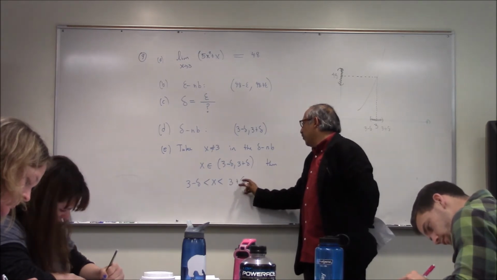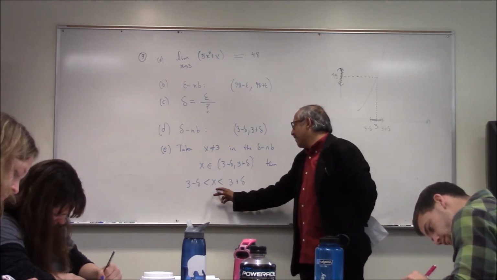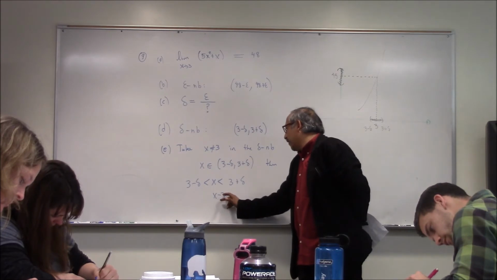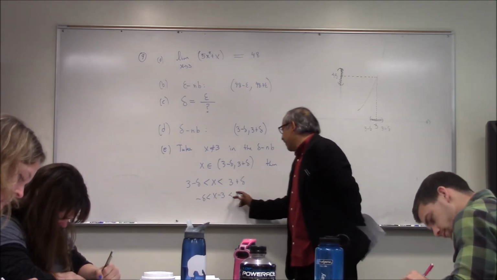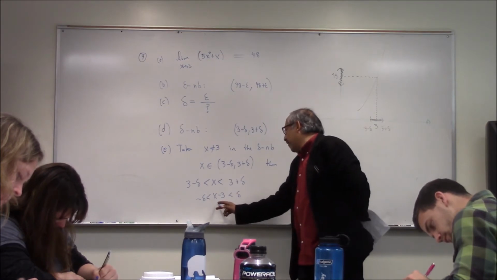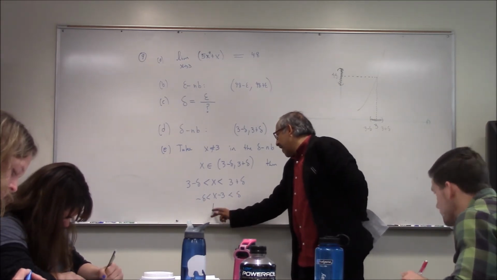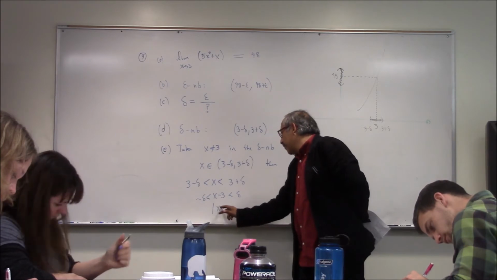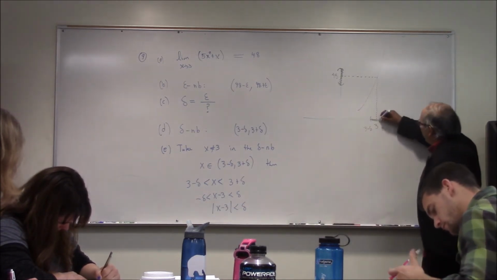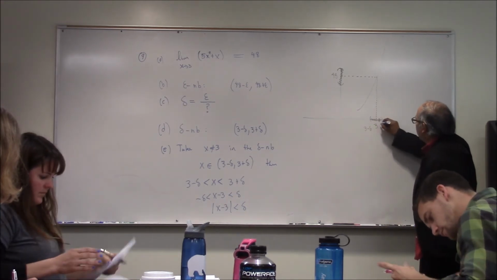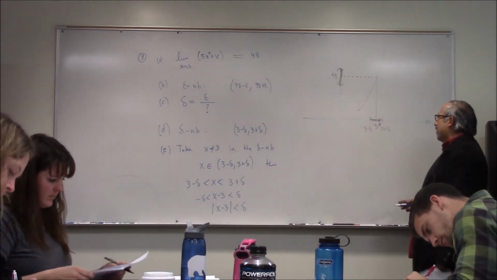Then you subtract 3: x minus 3 is greater than negative delta and less than delta. So the absolute value of x minus 3 is less than delta, correct? So I'm taking a point in that neighborhood, right?